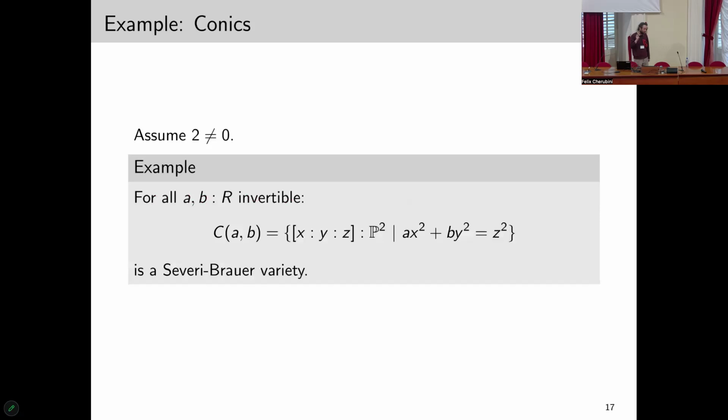And so, okay, I will give an example very quickly. Here I assume that 2 is different from 0, so that the characteristic is not 2. And for all invertible a, b, I can define this type. One remark: P2 is the set of lines in R3 going through the origin, right? So I can represent any line by a directing coefficient, which I write x, y, z.